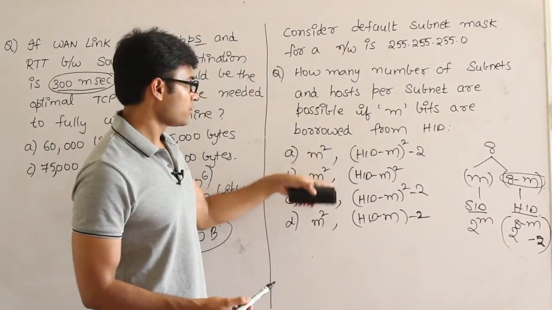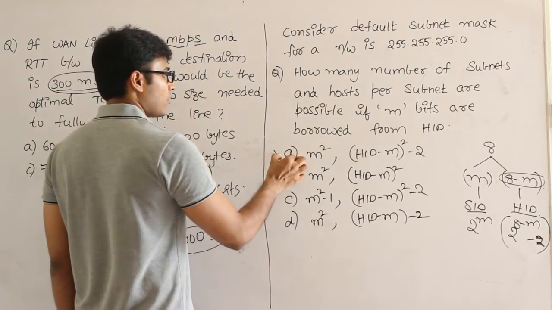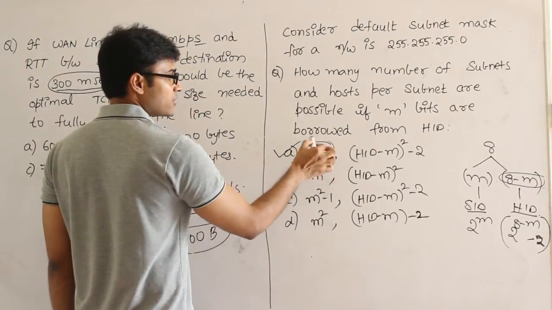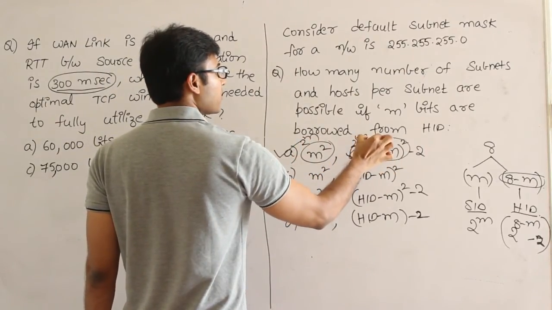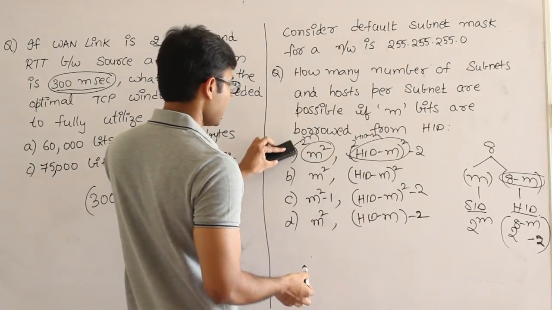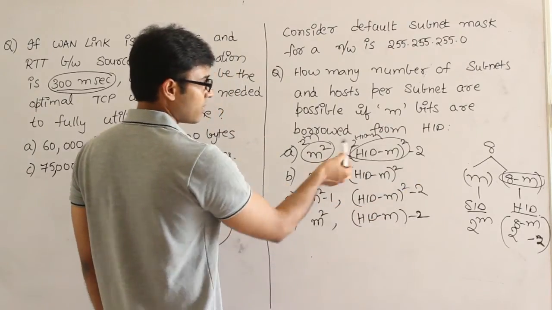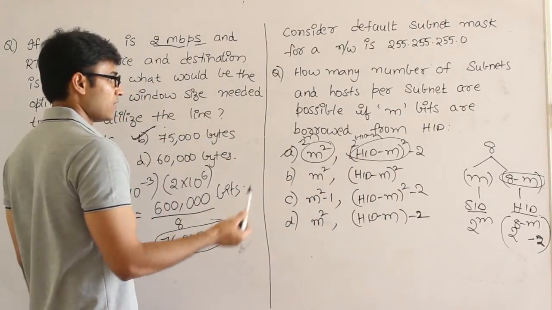But none of the options are matching. Actually I think they have typed it wrong. The option should be this with reverse, which means it should be 2 power m and 2 power (host ID bits minus m) minus 2. Therefore it is not the answer, but the right answers are those. They must have made a typing mistake or something. Okay, anyway the answer is that.